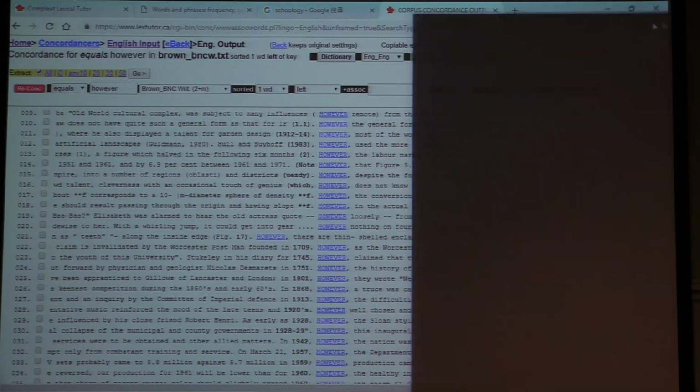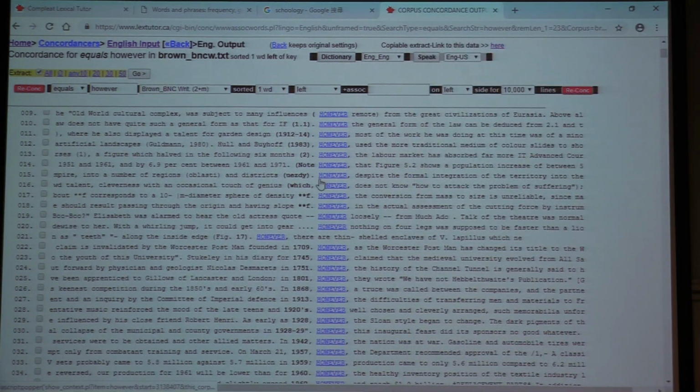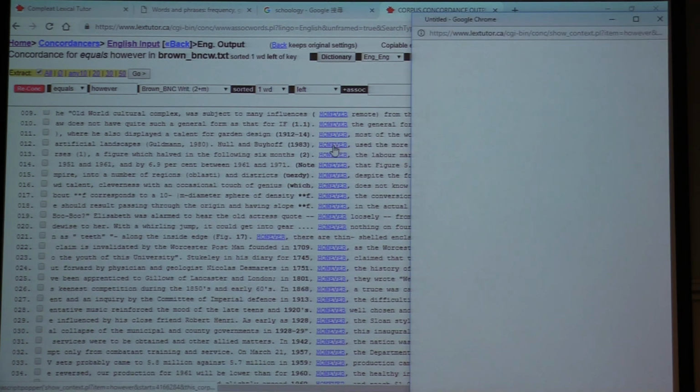Okay, correct. So you can see lots of this kind of use. So full stop, "however," comma, okay? See? Many, right? And occasionally they are, for example, like this. Comma, "however," comma, used, maybe let's click on this one.